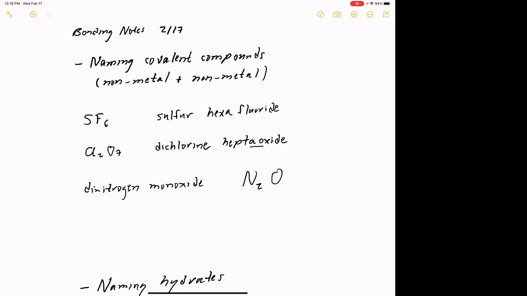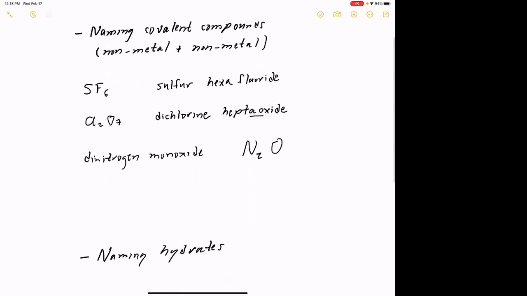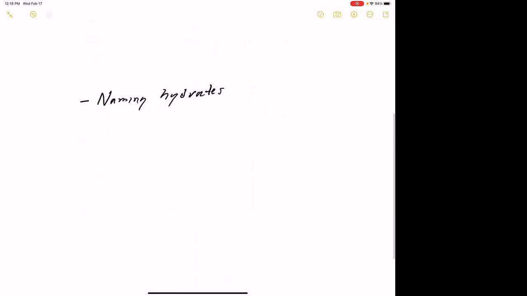Now, there's one other type of compound that we have to learn how to name, and that's the hydrate. A hydrate is kind of like a fancy ionic compound. So we're going back to ionic compounds here, where we either have a metal and a nonmetal, or a metal and a polyatomic ion.